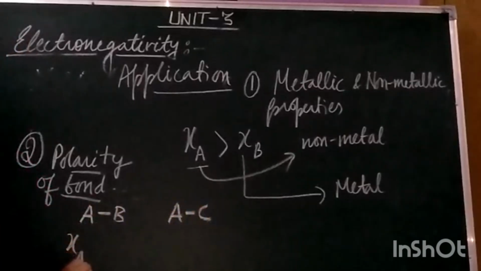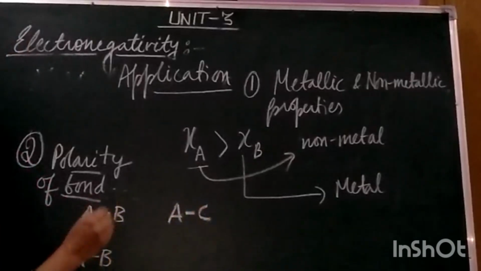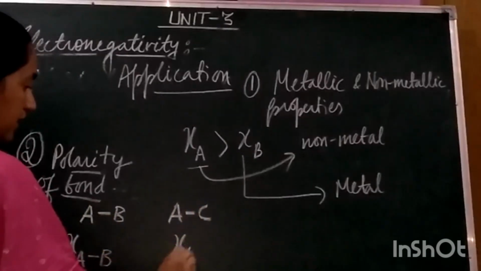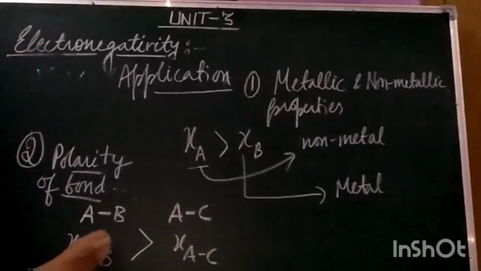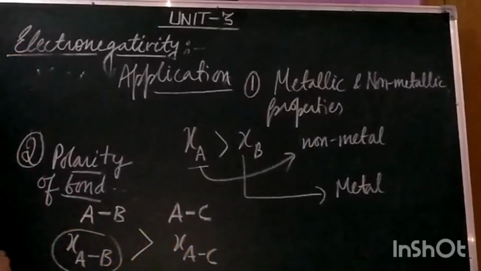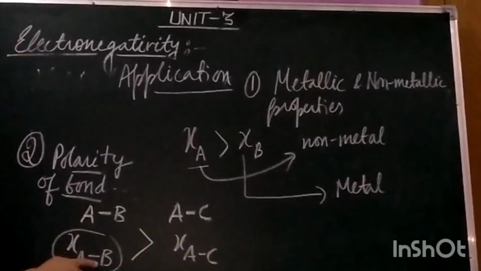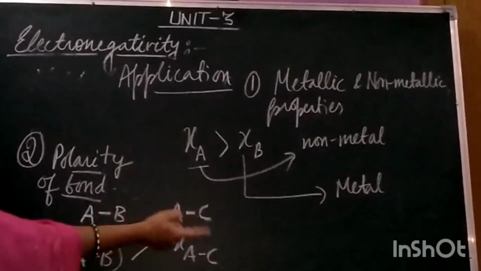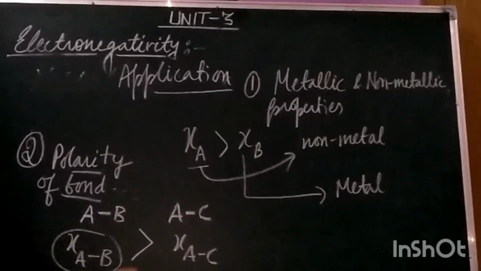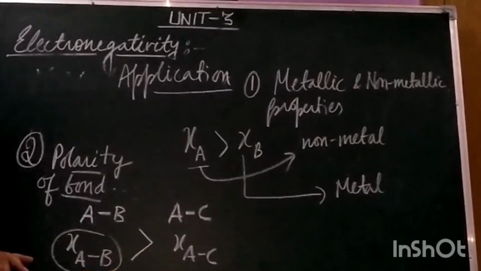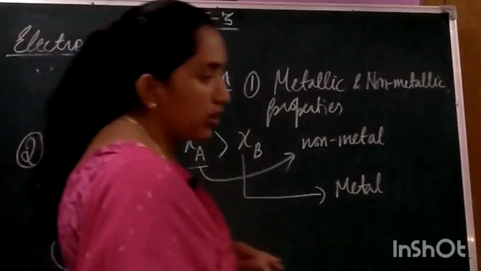If the difference in electronegativity is more in bond AB than in bond AC, then AB is going to be the more polar molecule and AC the less polar molecule.